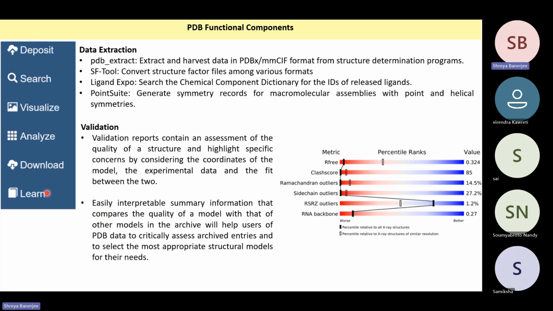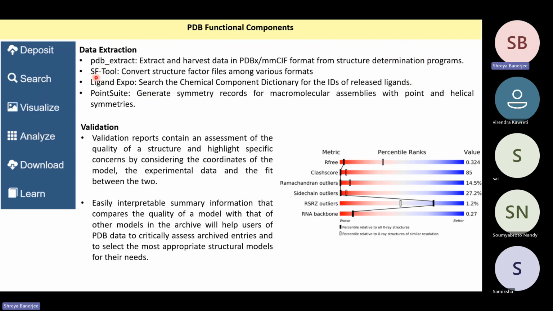In the Protein Data Bank, there are certain tools. One is for data extraction. You have a command called PDB extract, which can extract and download the data in PDB format so that you can open it using software like Discovery Studio to look at the structure.